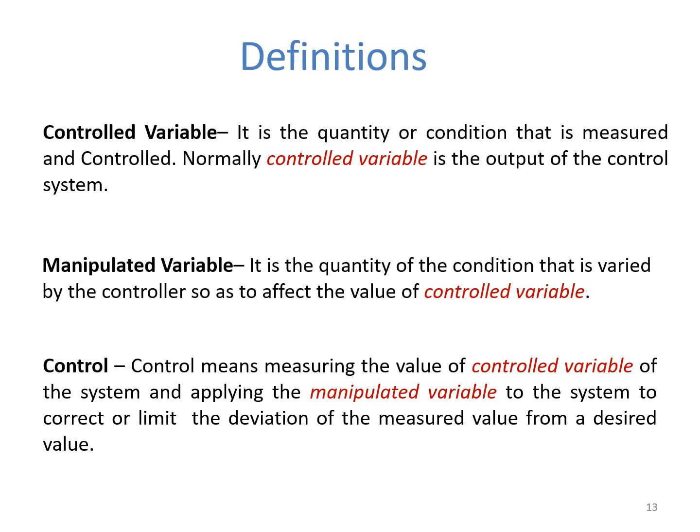The controlled variable is defined as a quantity or a condition that is measured and controlled. This is obviously considered to be the output of a control system. The manipulated variable is a quantity or condition that is varied by the controller so as to affect the value of the controlled variable.